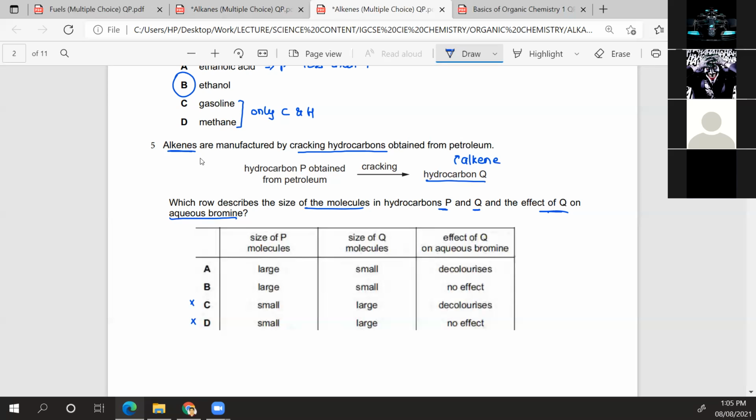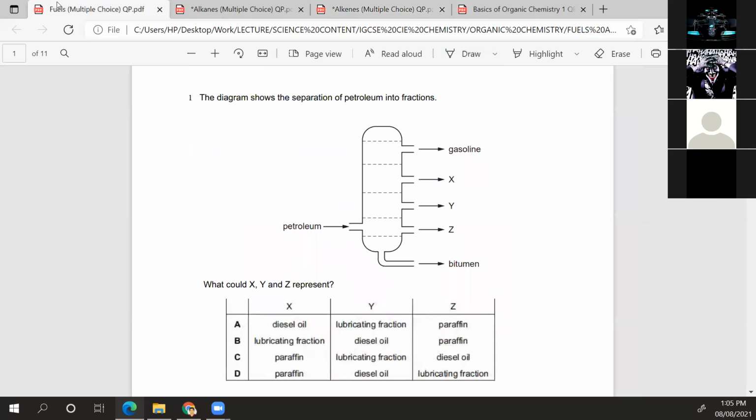Alkenes will have an effect on bromine water, where it will convert the bromine into 1,2-dibromoethane, so that the brown color will get decolorized. So the answer is A and not B. Okay, Samuel? Okay, miss.